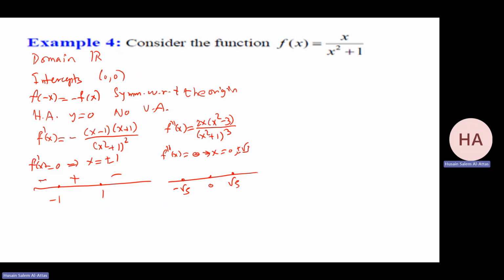Before this number, minus 2, for example, negative, positive. This is always positive. That will be negative, positive. That will be negative. That will be positive, negative, positive. You can check. So let me put them in: 1, minus 1, minus square root of 3.